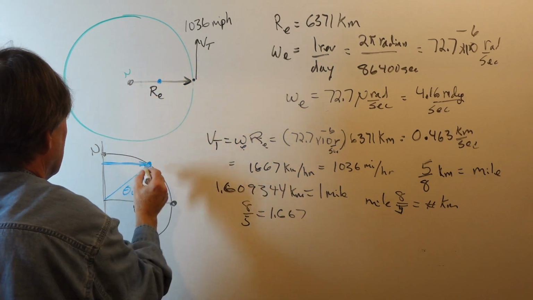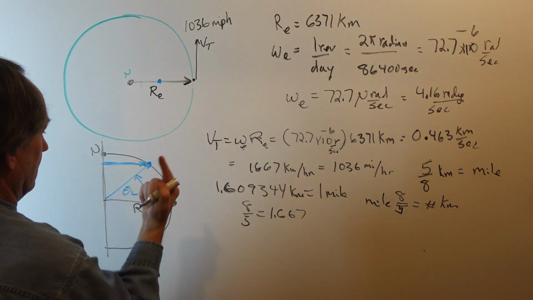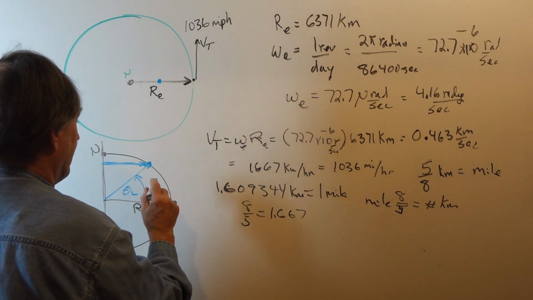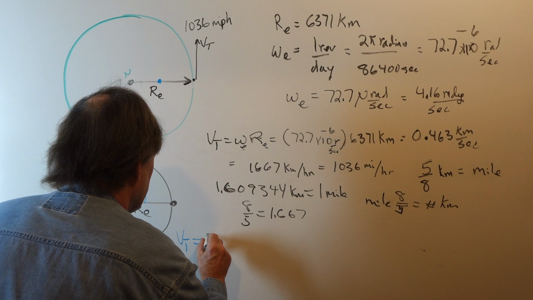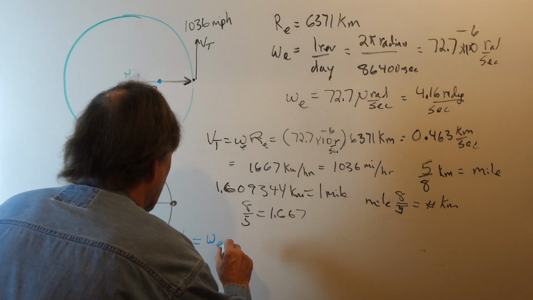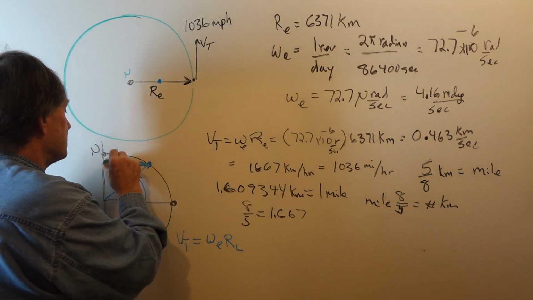So to get the tangential velocity of an object, say, out here, inward towards the North Pole. Remember, the Earth is spinning around this way, so the tangential velocity is going into the board. That tangential velocity, Vt, will just be the angular velocity of the Earth times the latitude radius. I will call this RL.